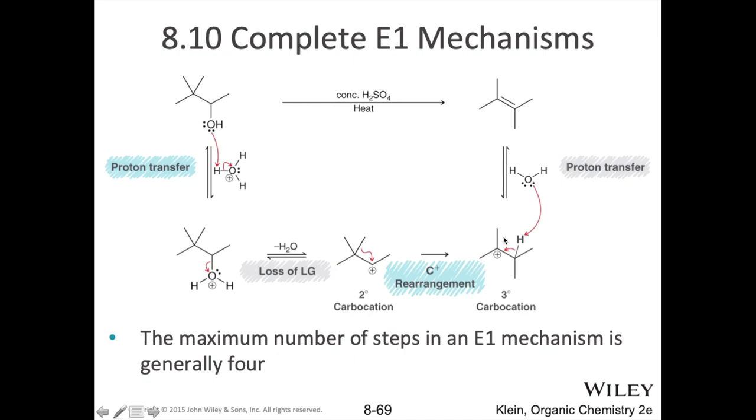Then out of your beta carbon options, this one with its proton here, you transfer that proton, and you make your resulting tetrasubstituted double bond. Okay, as opposed to deprotonating one of these other carbons to give you the disubstituted Hofmann product.